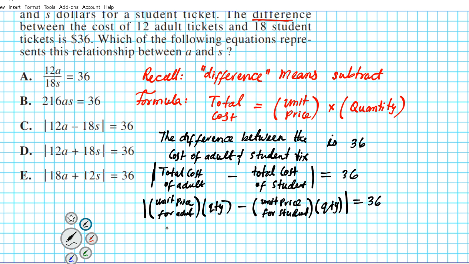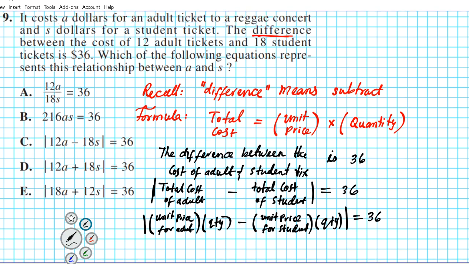So let's set it up. What's the unit price for adult tickets? Let's go up to the problem. It says it costs $A for adult tickets, so we'll put that down. We have A for the unit price for adult tickets times the amount of adult tickets bought, which is 12, minus the unit price for student tickets, S, times the quantity of student tickets, 18.